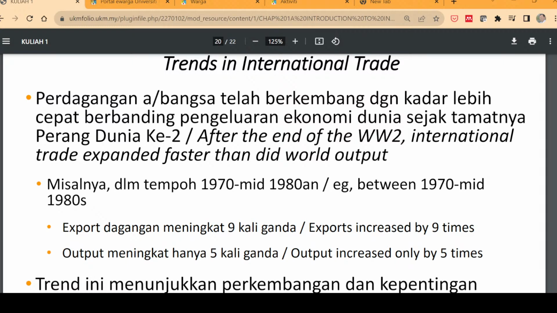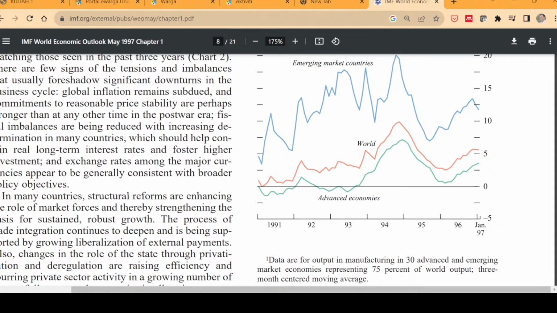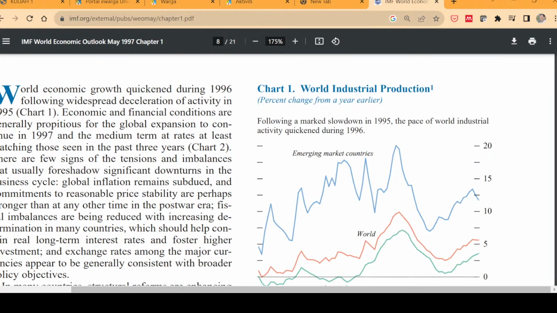At that time, they were already using emerging market economies, emerging market countries, world and advanced economies. This is the IMF naming: advanced economies, developed economies, industrial economies. This is world industrial production. Of course, emerging markets are higher.